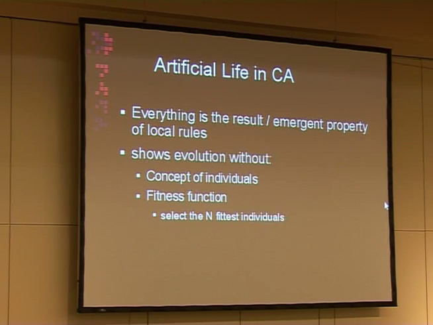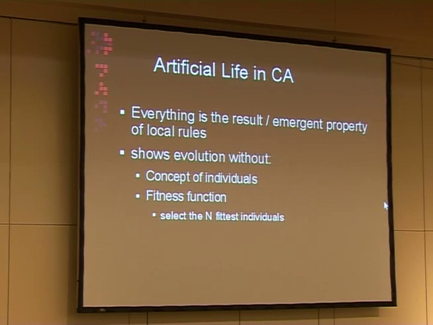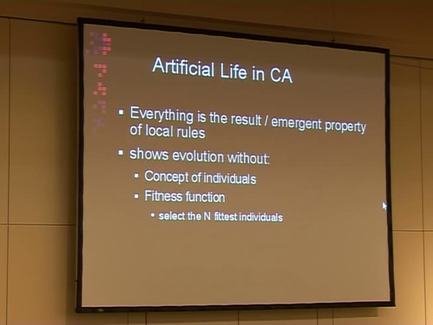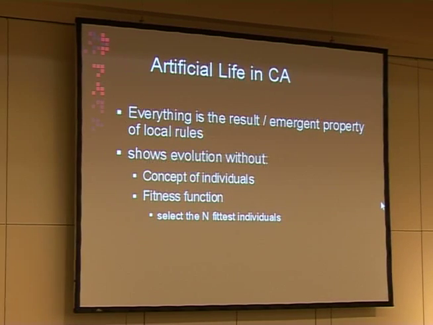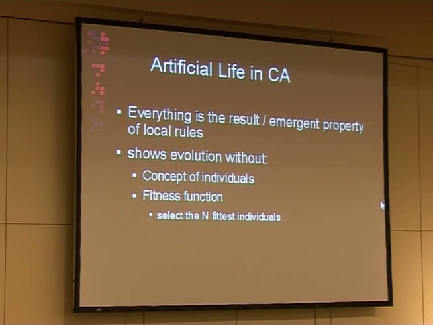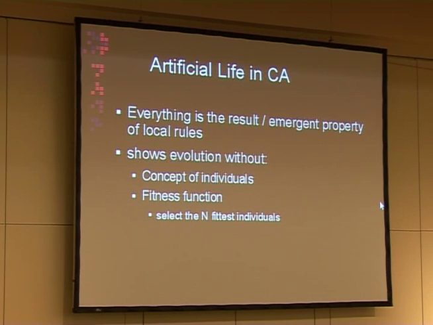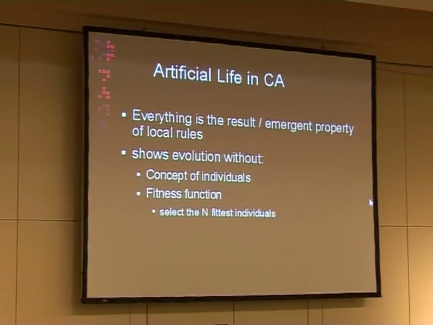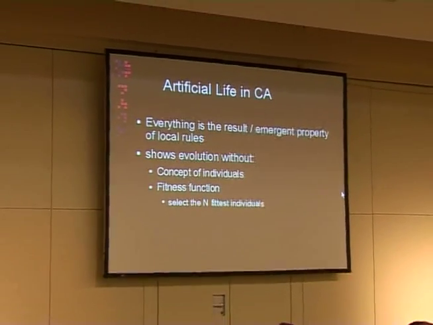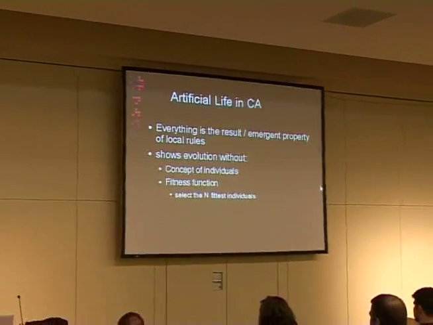Then you select the n fittest individuals, mutate them somehow, and go to the next round. None of this was in the Evo loops. There was no concept of an individual loop. It was just a pattern of cells. But for us as observers, it looked like an individual loop. It's not an entity in the program.